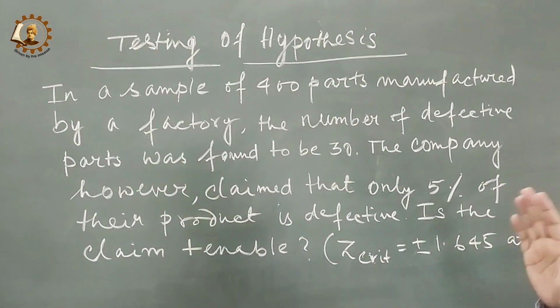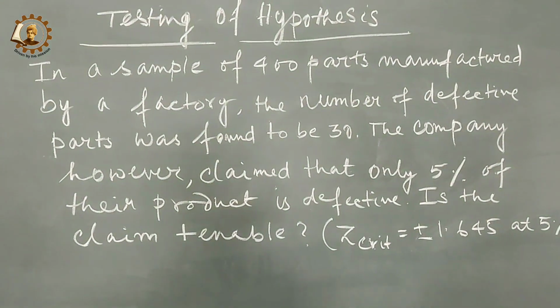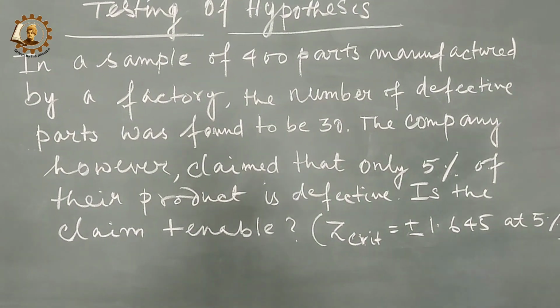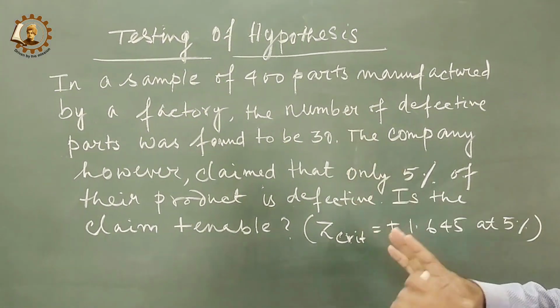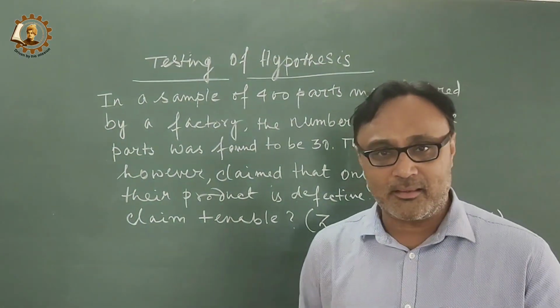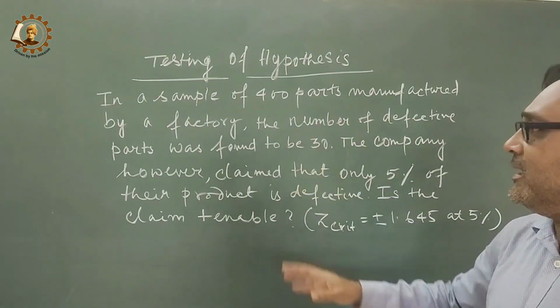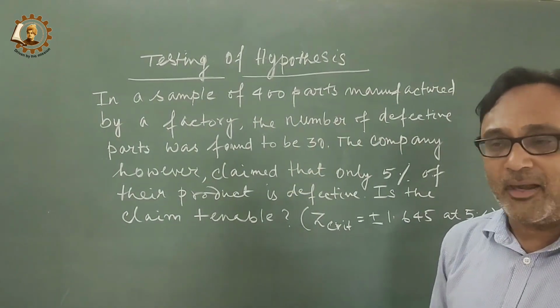In a sample of 400 parts manufactured by a factory, the number of defective parts was found to be 30. So, from a factory, we are collecting 400 parts as a sample, and it is found that 30 of those 400 parts are defective.